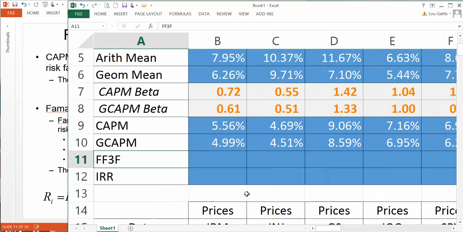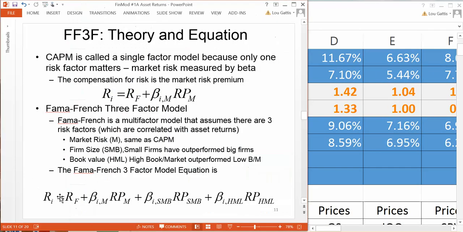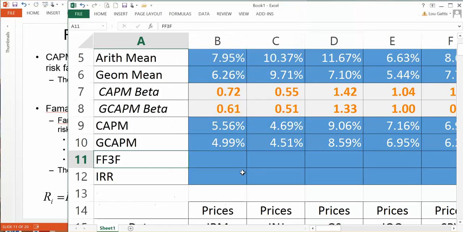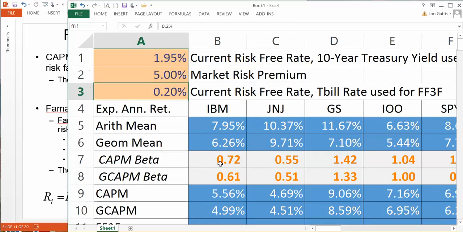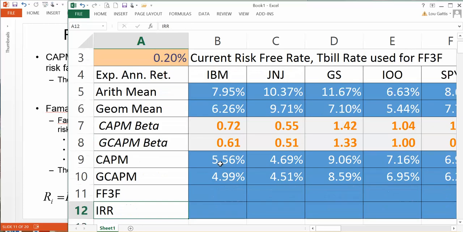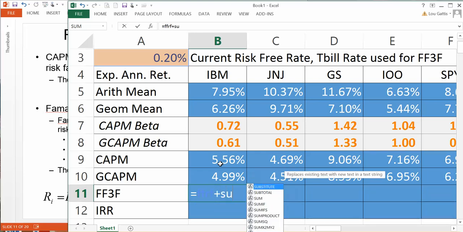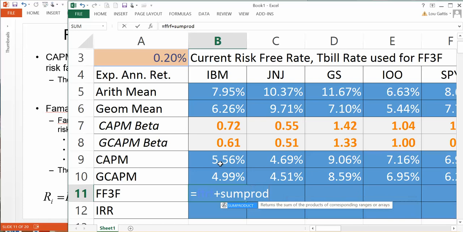And now I can use the Fama-French formula. And again, the Fama-French formula is the risk-free rate plus the three betas times the three risk premiums. And I'll use a sum product to do that part. Also, since Fama-French use T-bills and not T-bonds, I'm going to use this risk-free rate here, which I gave a named range of FFRF. So I'm going to say equals FFRF plus SUMPRODUCT.